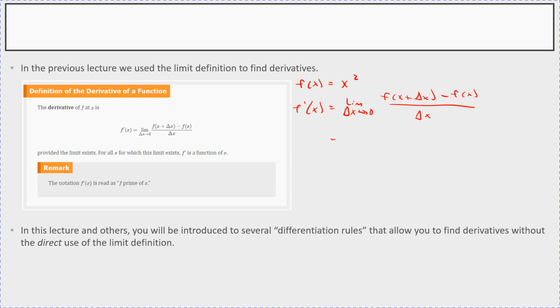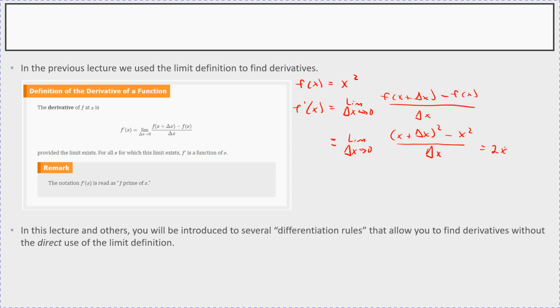In this case, it was the limit as delta x goes to 0 of x plus delta x squared minus x squared all over delta x. I'm not going to redo the problem because that's in the previous lecture. And what we saw, which was really important, was that this limit was equal to 2x.